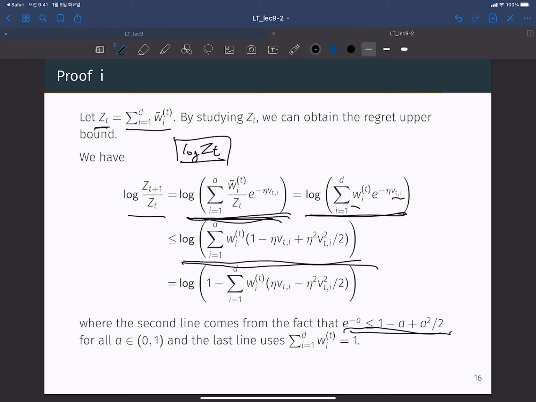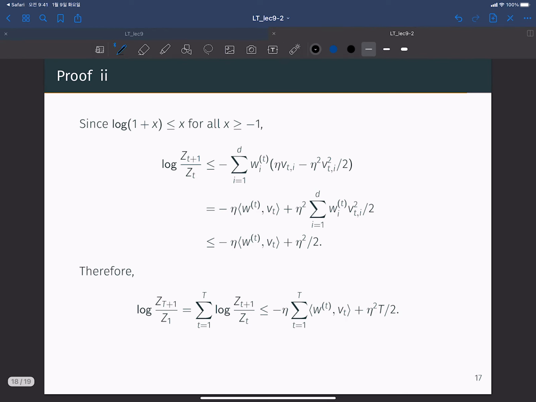When you use the fact that w_t is a probability vector, the sum of w_{i,t} is equal to 1, then we can rewrite this. And since log(1 plus x) is less than or equal to x for all x greater than minus 1, this is a very useful inequality: log(1 plus x) is less than or equal to x.